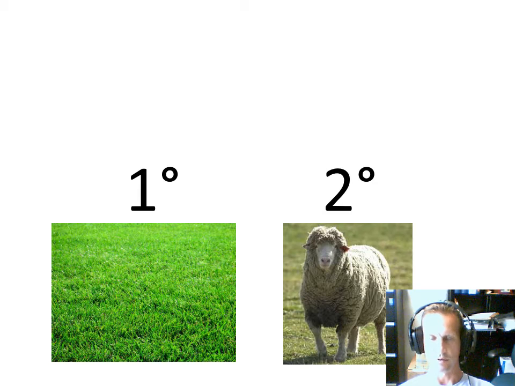So sheep are one of a number of terrestrial animals that eat grass. And so basically the production of the sheep, its meat, its wool, its milk, and all the things that a sheep makes, that would be considered secondary production. And you could use the 2 degree symbol to indicate secondary production.